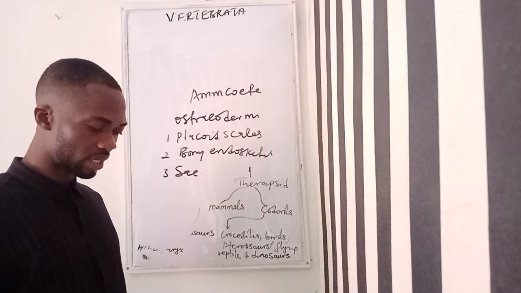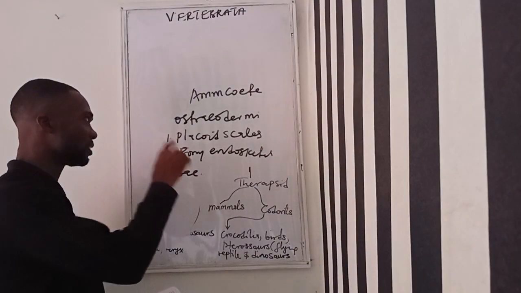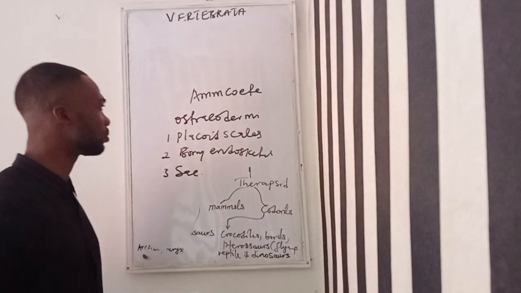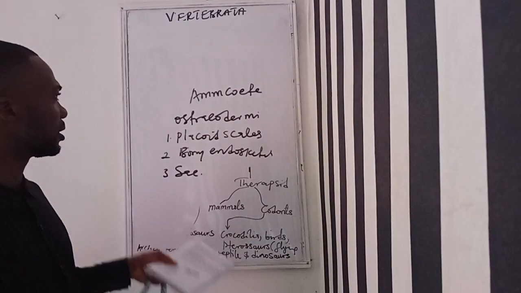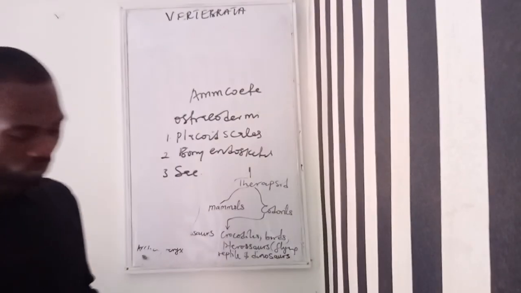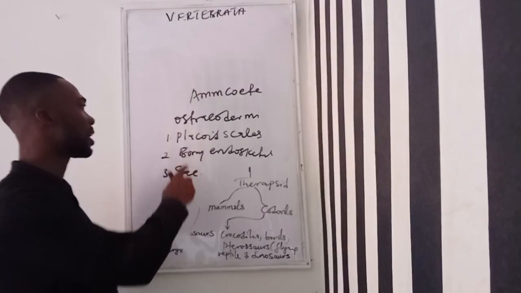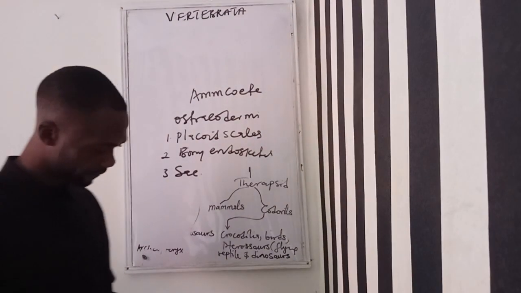The exoskeleton consists of placoid scales, just like we mentioned in Ostracodermi.